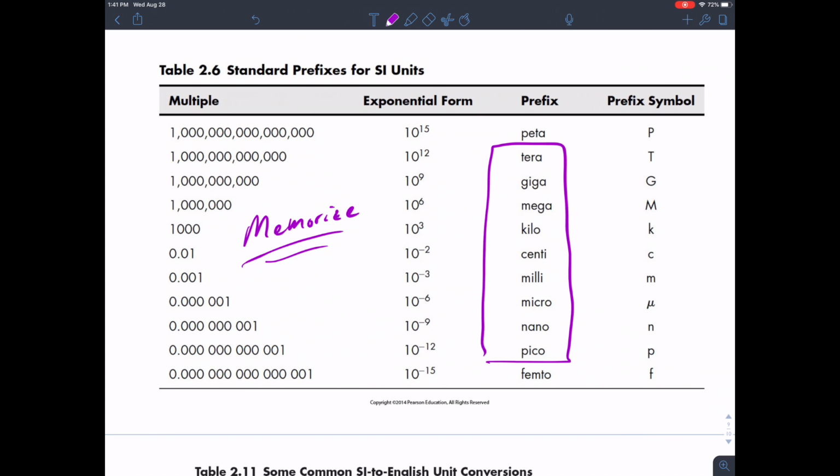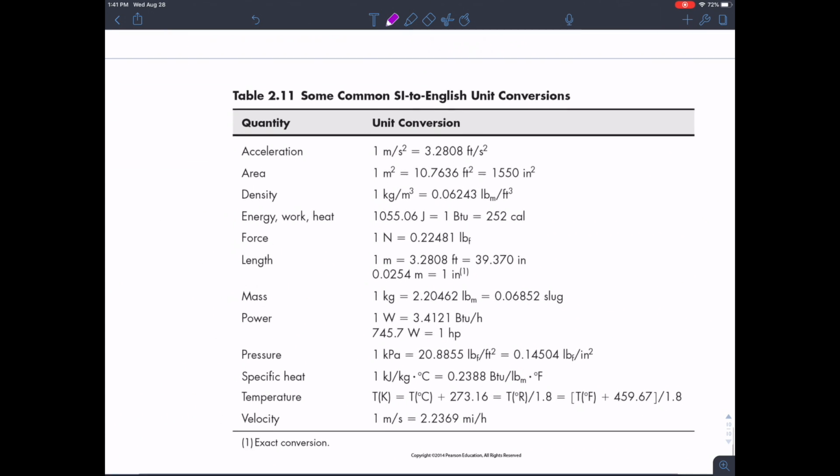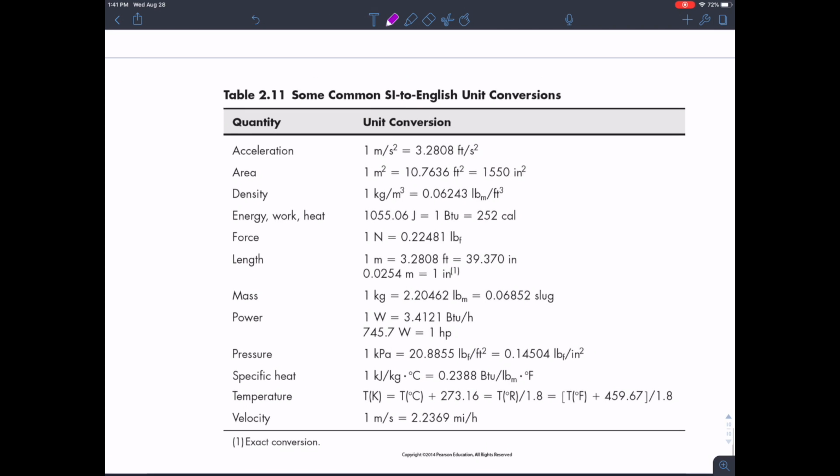If you were trying to write the number of bits in a file, using megabytes and gigabytes is a much more compact way of writing it rather than keeping track of all the extra digits you would need without it. Those are the basic ideas.